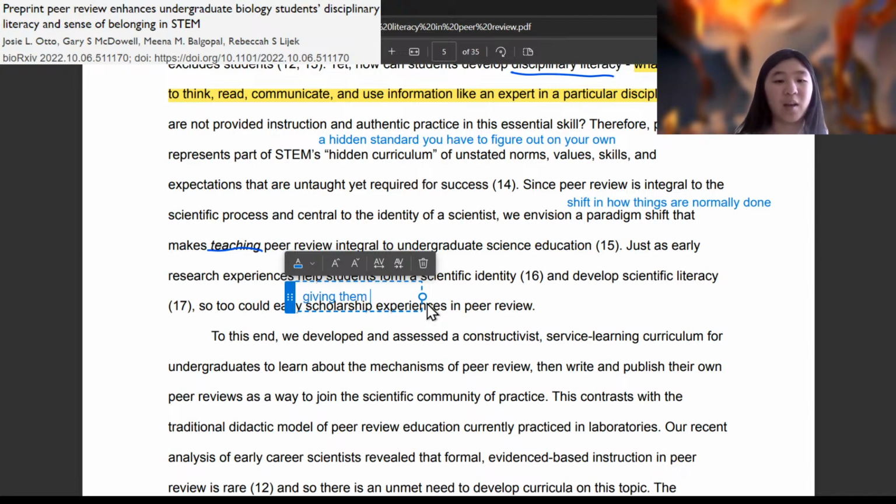So giving them internship experiences in peer review. Most of the time, peer review is controlled by a journal.